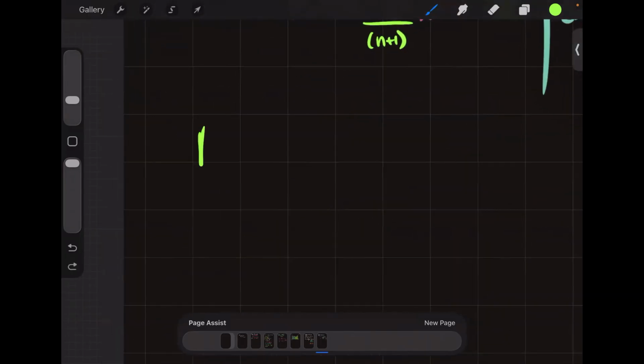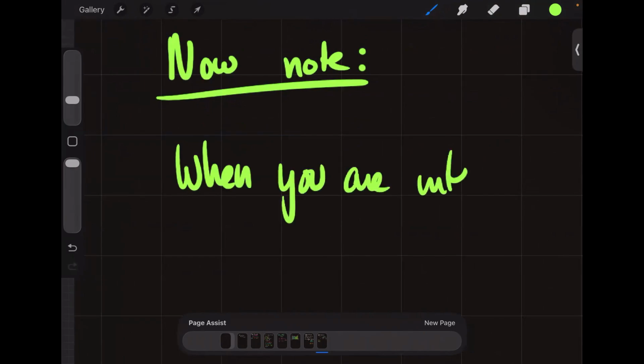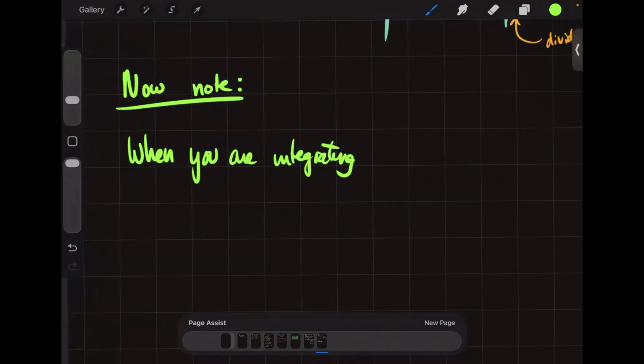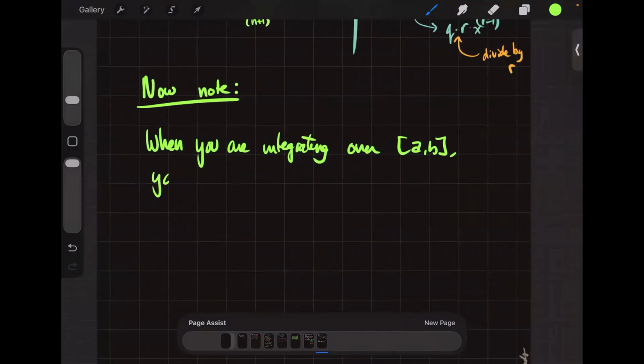Now note, when you're integrating over a given interval, like an interval you know, you do not need plus c.